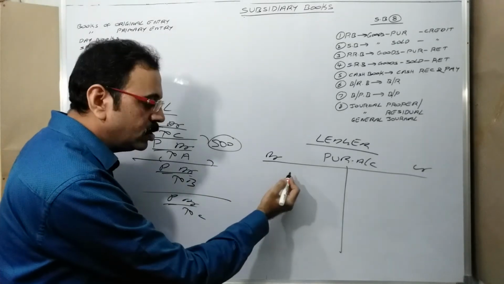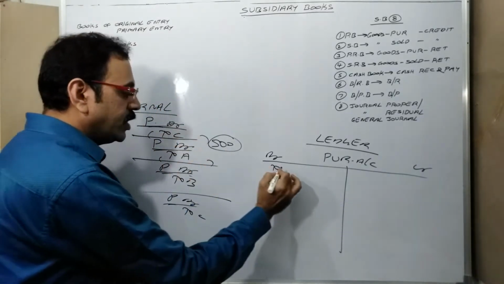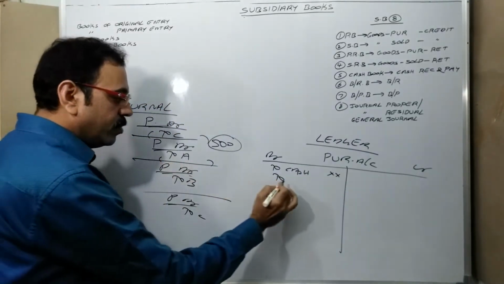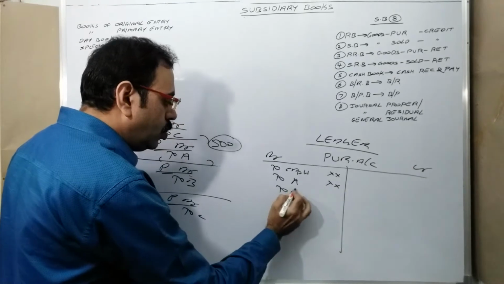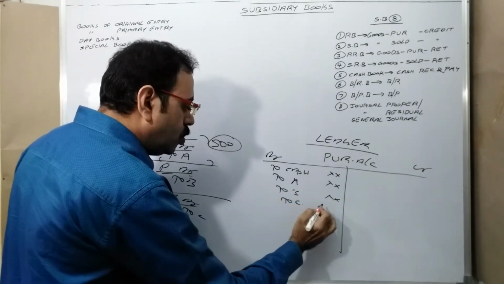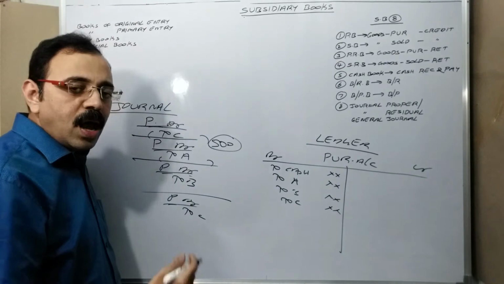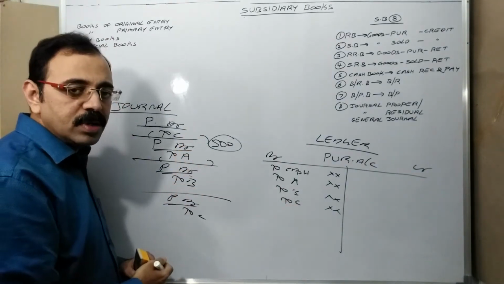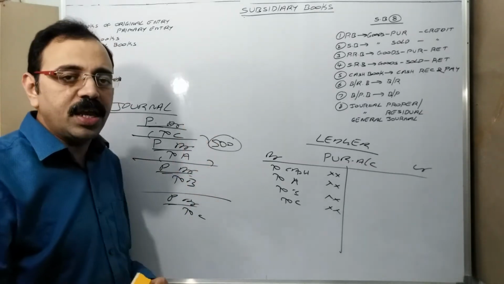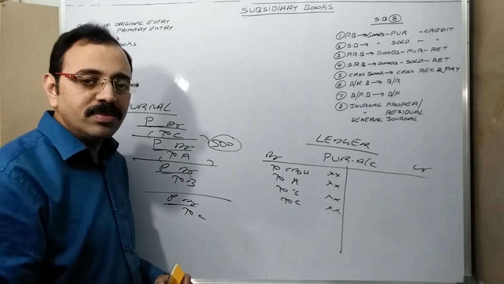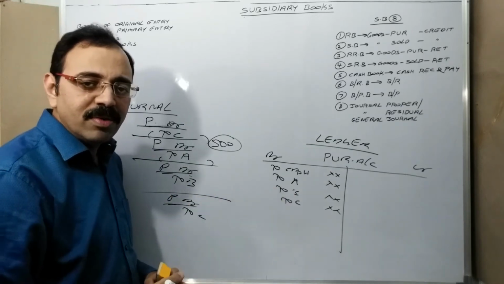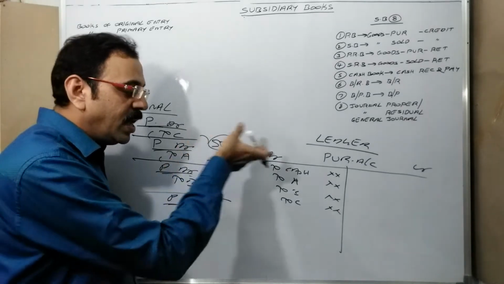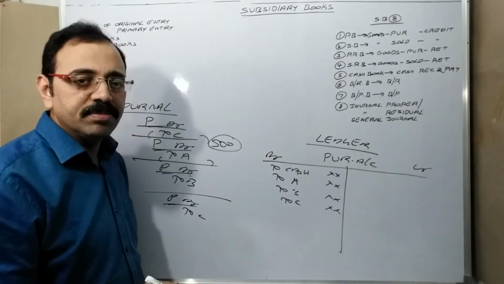Therefore, on the debit side we should post cash, some amount to A, amount to B, amount to C. Like that, how many times are you going to post? Since 500 journal entries are there, 500 times we have to post. So it is double work. First we write in journal, then the same transactions again we write in ledger.